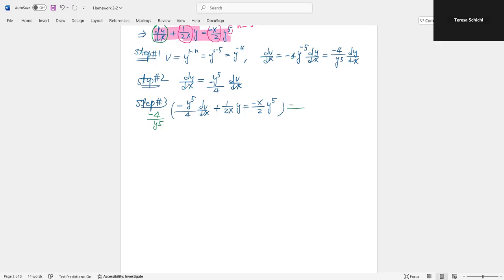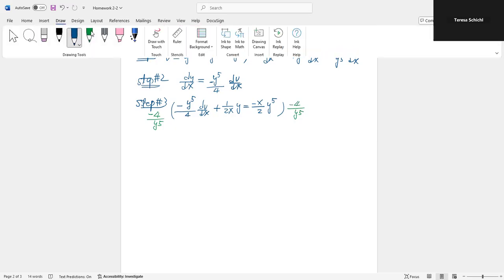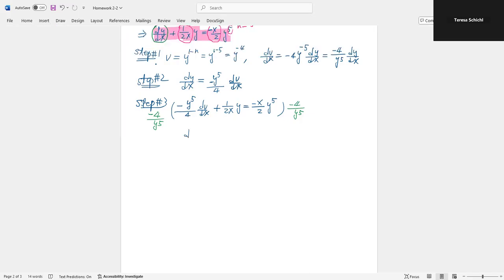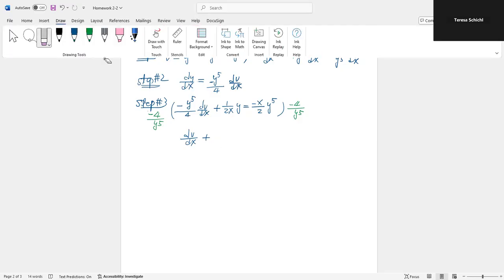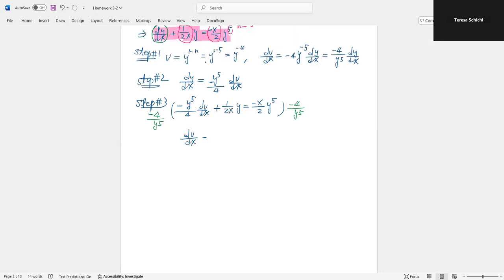Then the first term will be dv/dx. Then the second term will be negative 4 over 2x, and here you will have y to the negative 4.